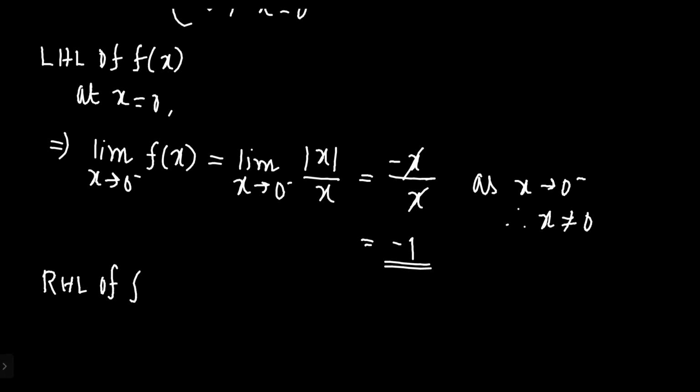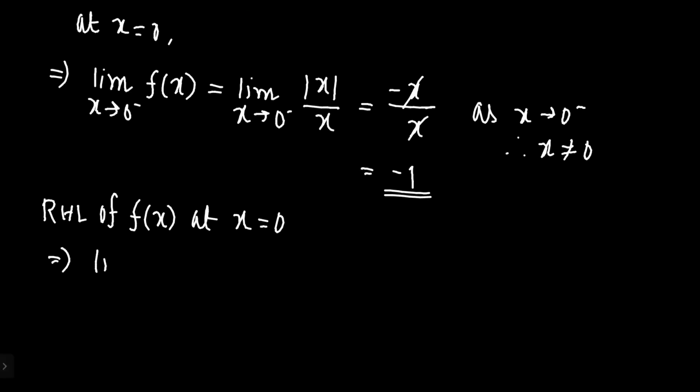RHL of f(x) at x equal to 0. So it is limit x tends to 0 plus, RHL meaning on the right hand side of x equal to 0. That means just an infinitesimally small quantity bigger than 0, on the right hand side.